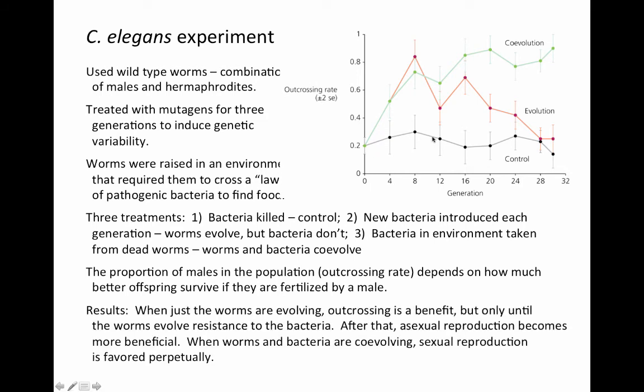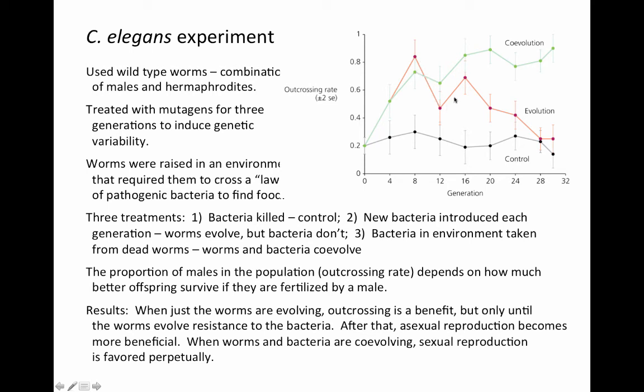In the control, there's not any change over time in the outcrossing rate. It basically stays the same. If we look at the situation where just the worms are evolving, what we see is a rapid increase in the outcrossing rate initially as the worms are adapting to these bacteria and evolving resistance to them.